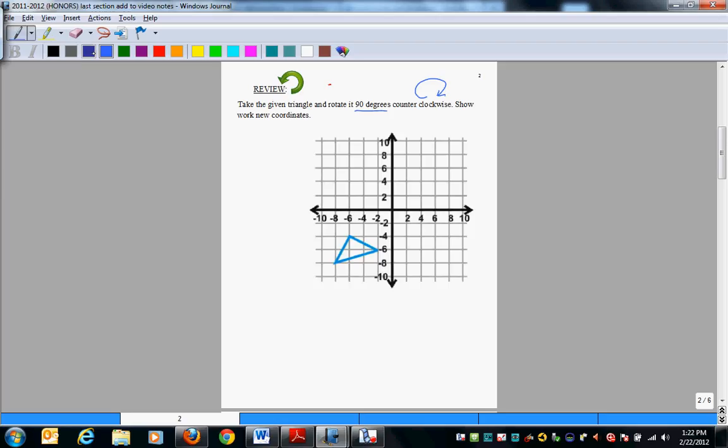Let's first establish the coordinates that we have. This coordinate right here we'll call A is at -8, -8. And then we have B is at -6, -4.